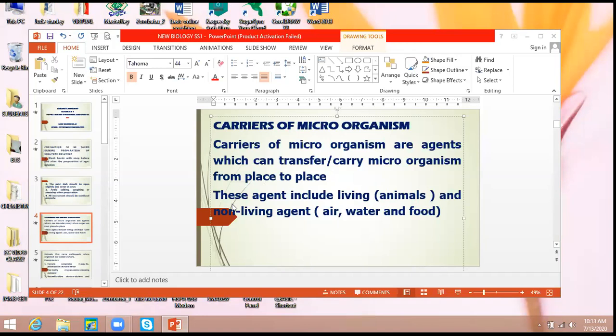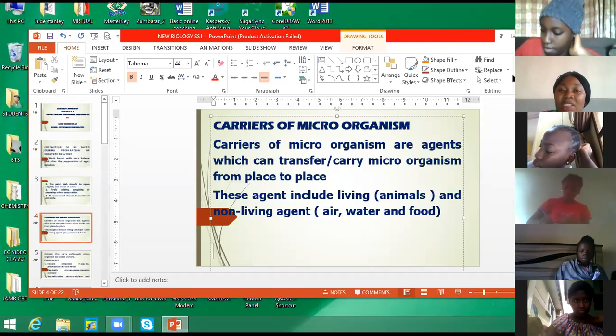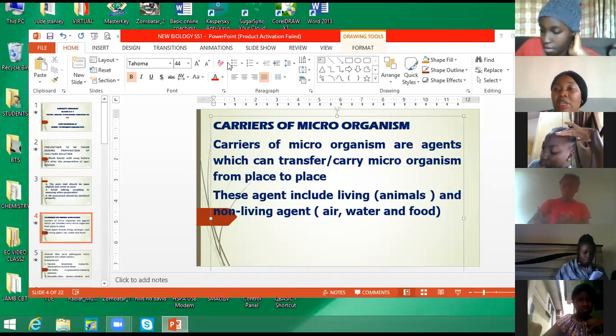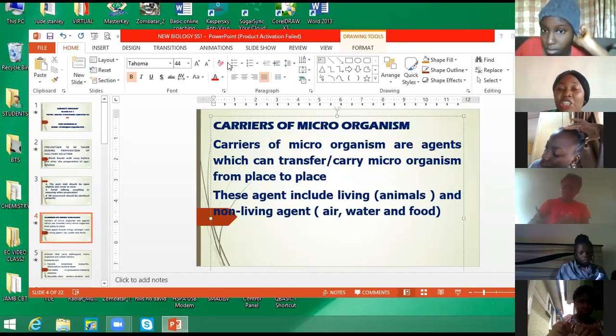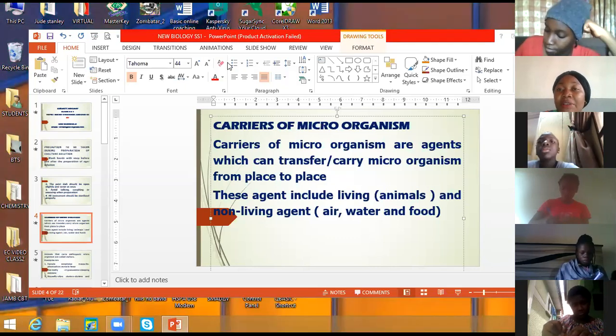Now, these agents include living and non-living agents. Please get that right. We are discussing carriers of microorganisms. I said carriers of microorganisms are agents that pick microorganisms from one place to another.